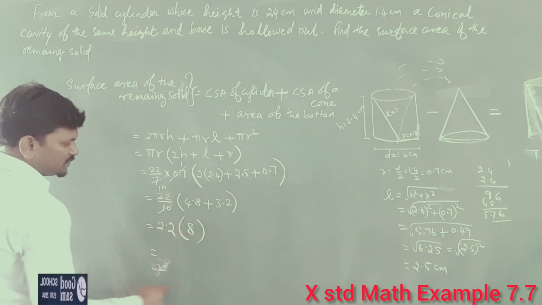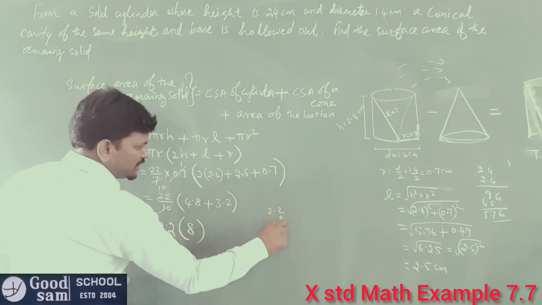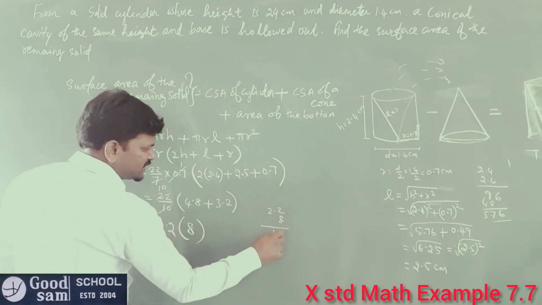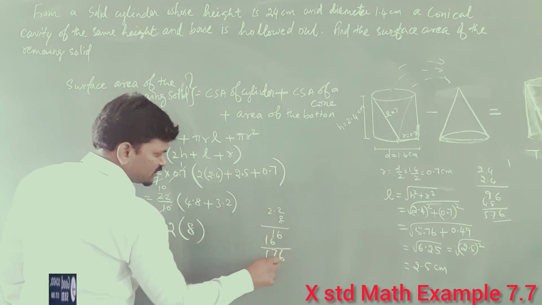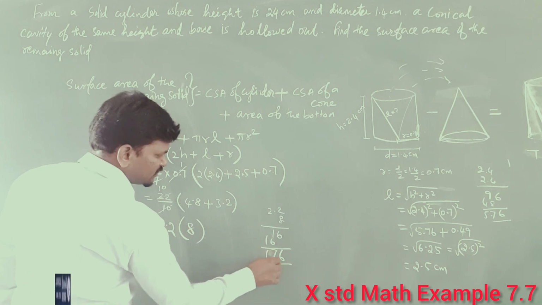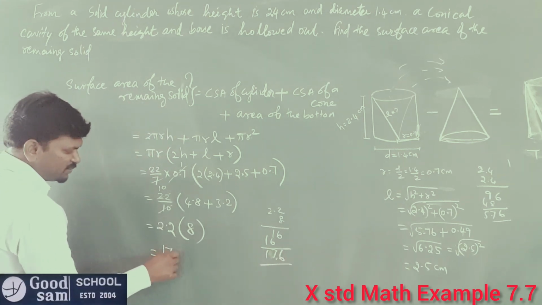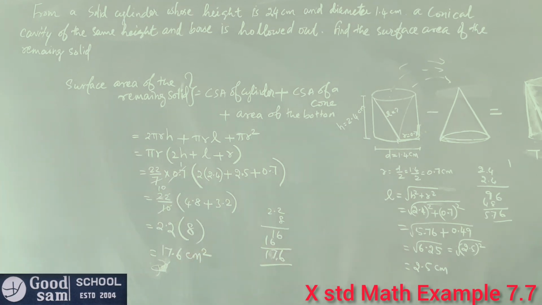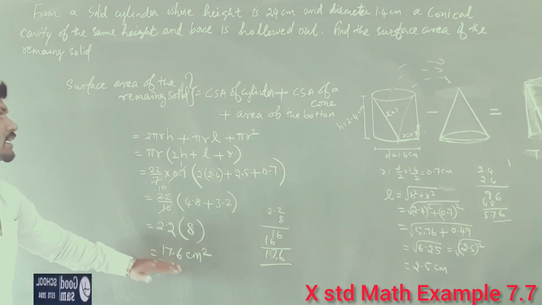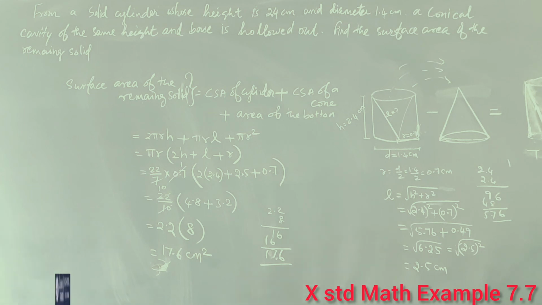So 2.2 into 8 is 17.6 centimeter square. This is the remaining surface area of the solid.